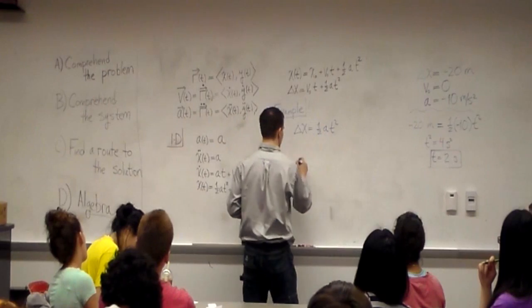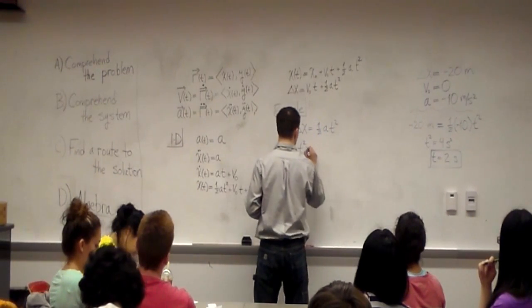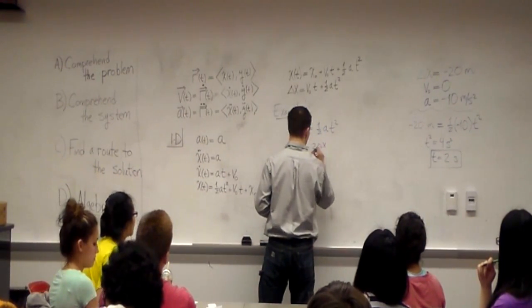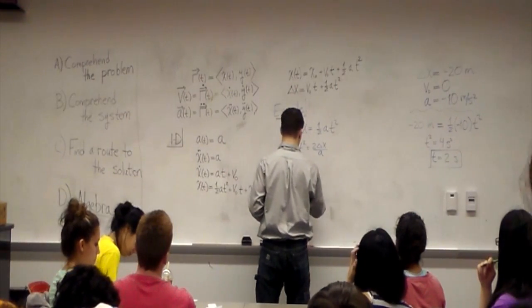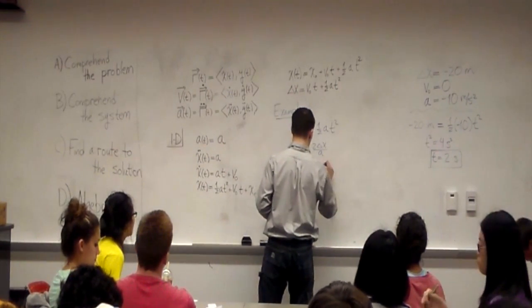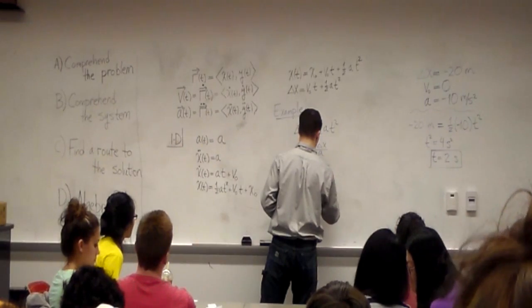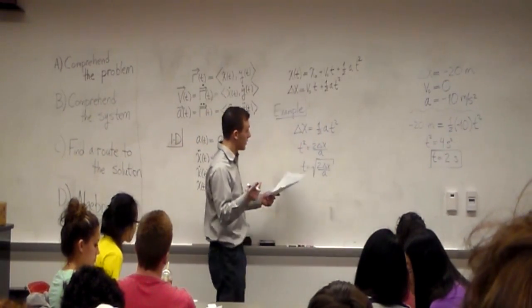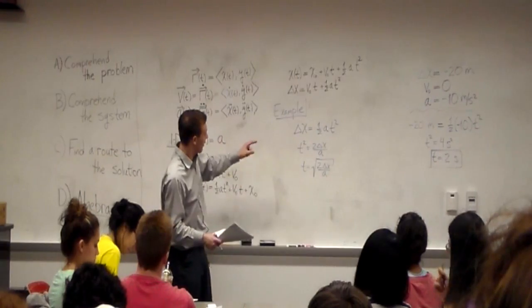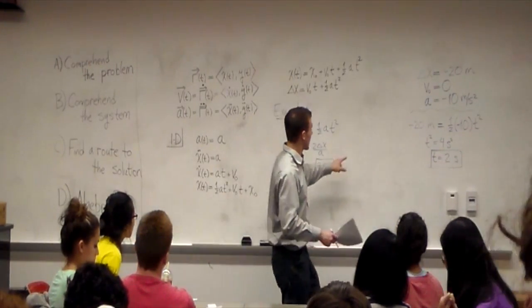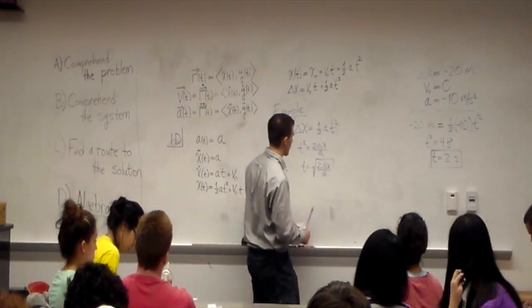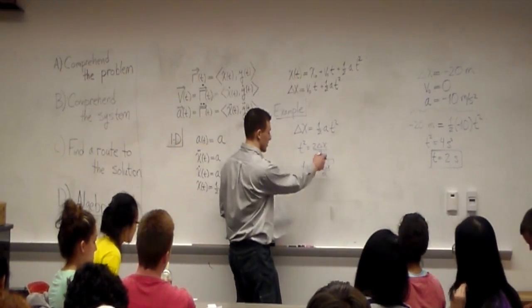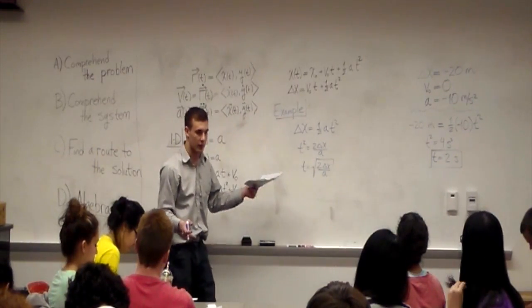Fair enough. Solve, and you can see that t squared is equal to 2 delta x divided by a, which means that t is equal to the square root of 2 delta x divided by a. And now you say, okay, delta x is negative 20, a is negative 10, so delta x over a is 2. 2 times 2 is 4, the square root of 4 equals 2.